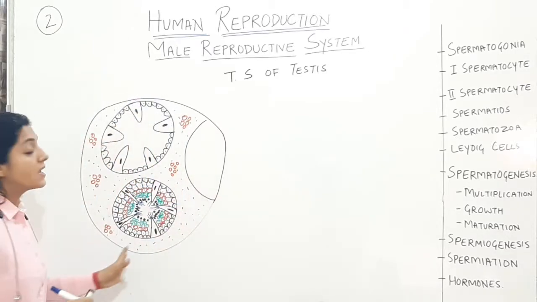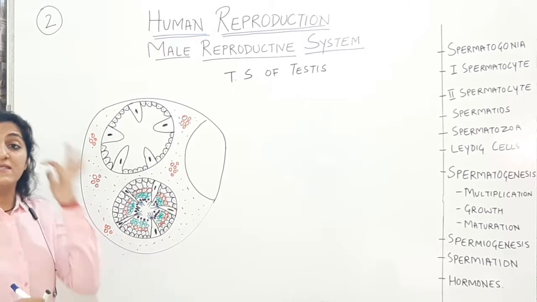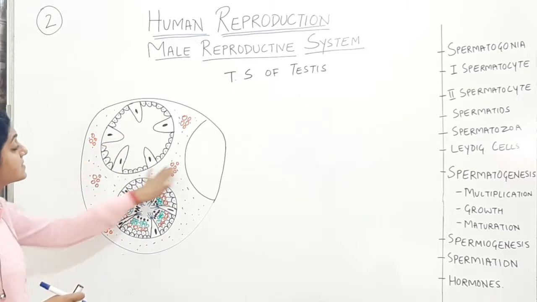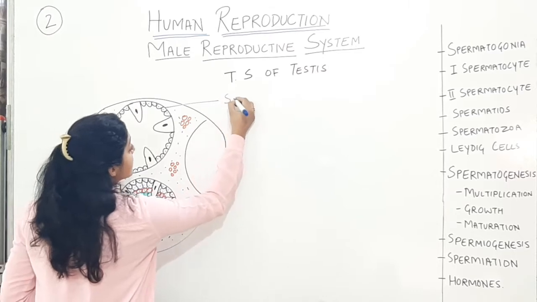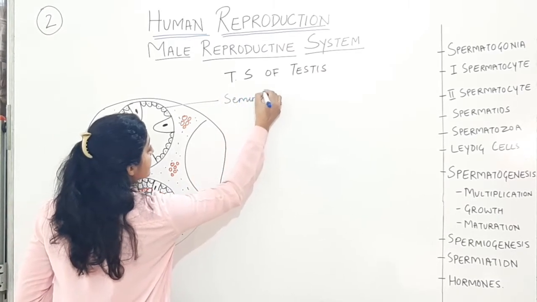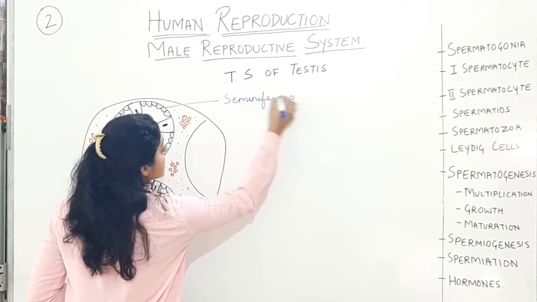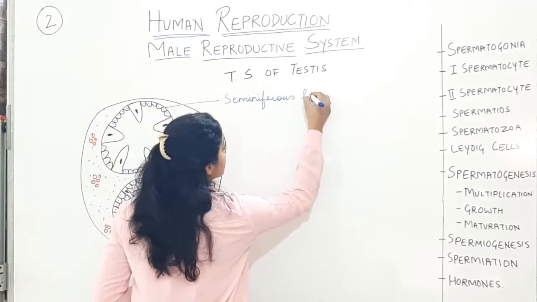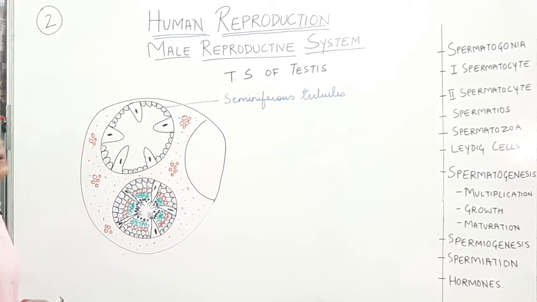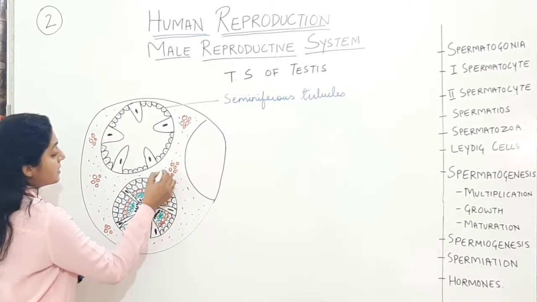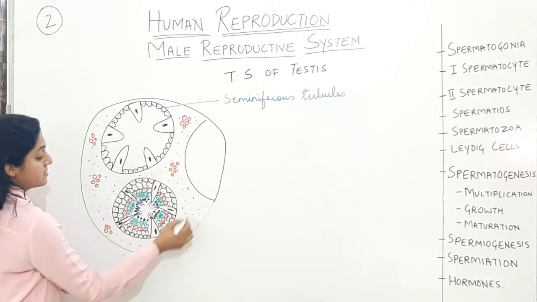So these are the type of cells which we are going to see inside the seminiferous tubules. These are the seminiferous tubules. Let me label it. So these are the seminiferous tubules. All right. And this area is now going to be the interstitial substance.